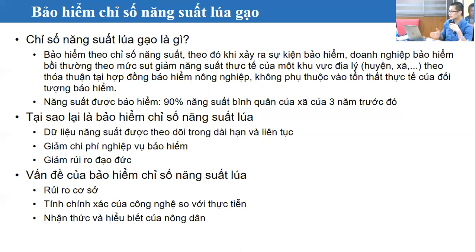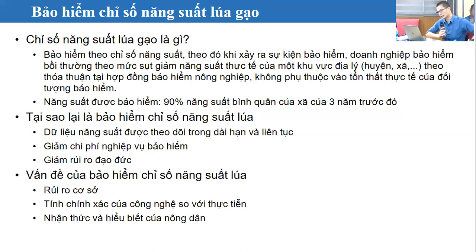Cho nên trên thực tế người dân đáng được bồi thường, nhưng khi tính toán theo công nghệ thì năng suất lại không đạt mức được bồi thường. Hình như mới xử lý được, và bây giờ doanh nghiệp chấp nhận bồi thường cho người dân theo năng suất thực tế.